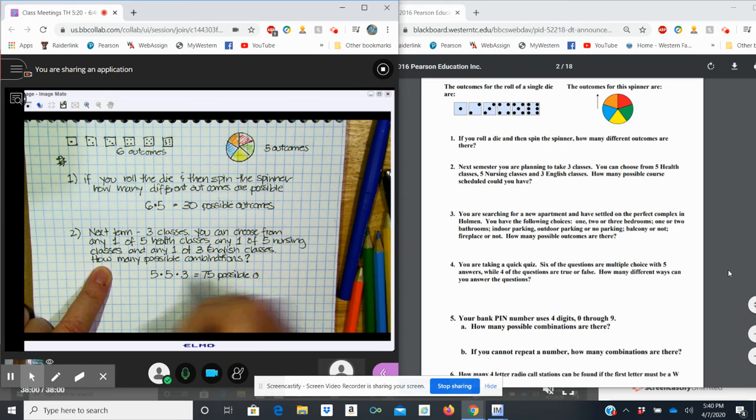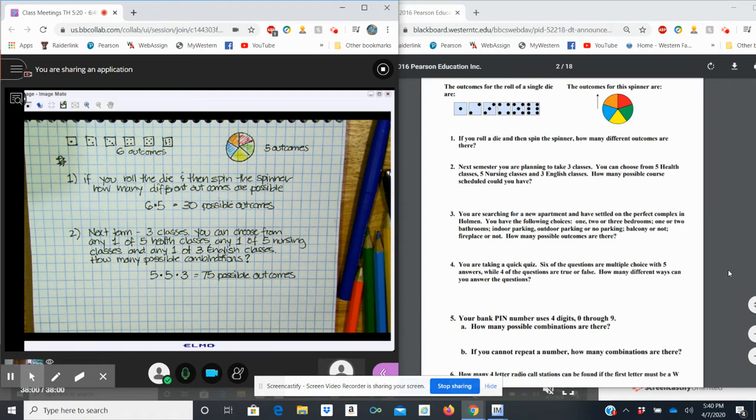This gives us 5 times 5 times 3, or 75 possible outcomes. Doing better? That's all I'm saying. That this will give us all the possible outcomes.